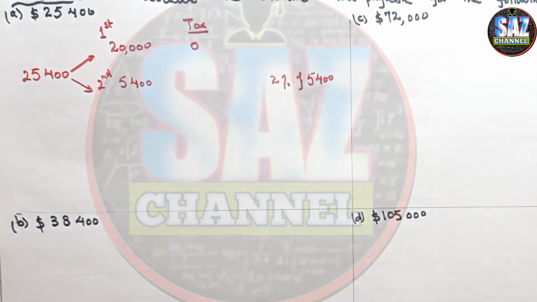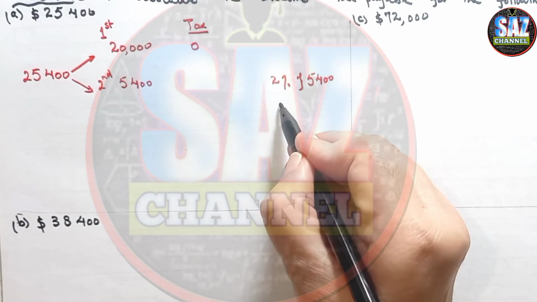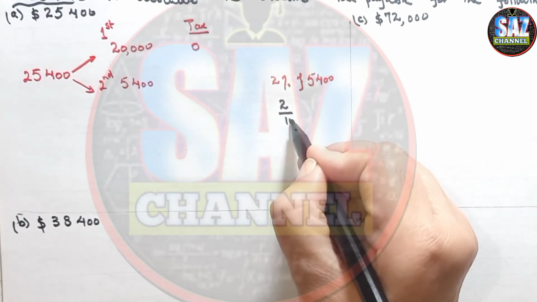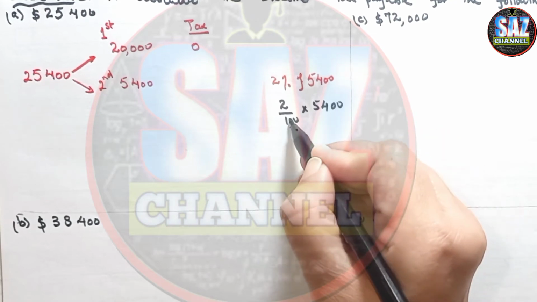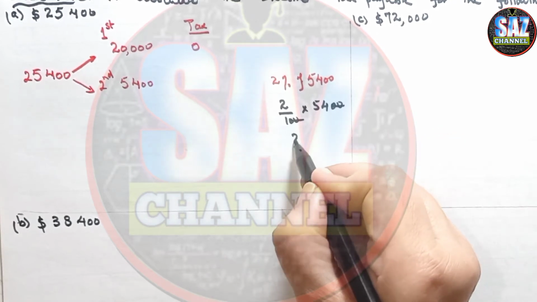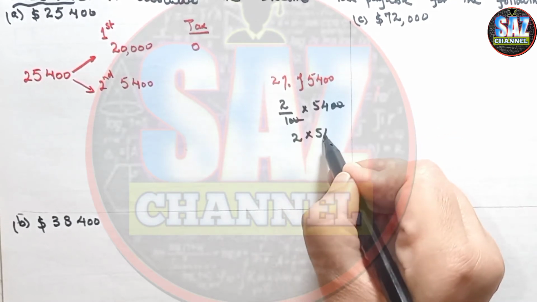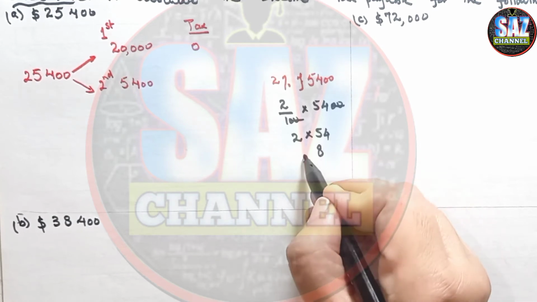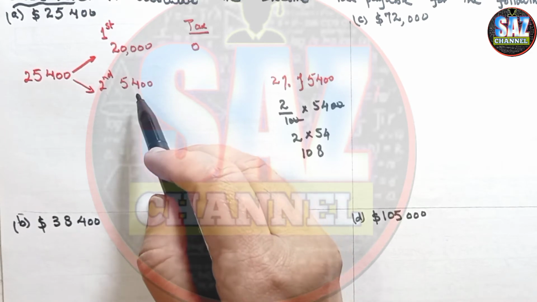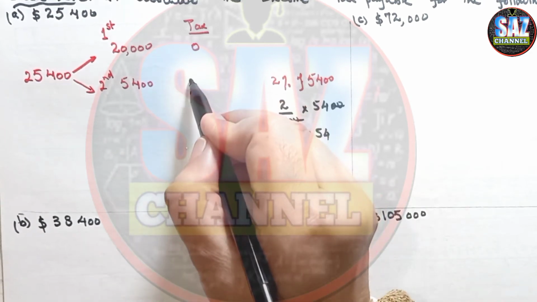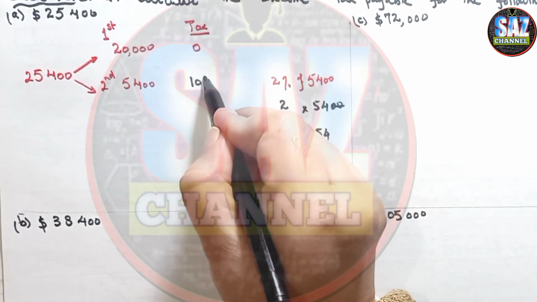It becomes 2 over 100 multiplied by 5,400. Zeros can go with zeros, and 2 multiplied by 54: 4 2s are 8 and 5 2s are 10, so 108. So on the second 5,400 I have to pay a total of 108 tax.